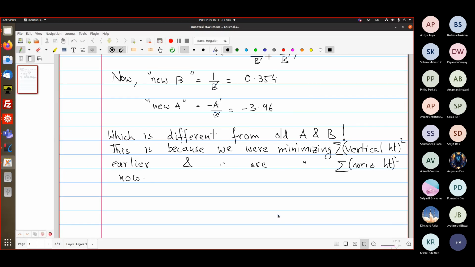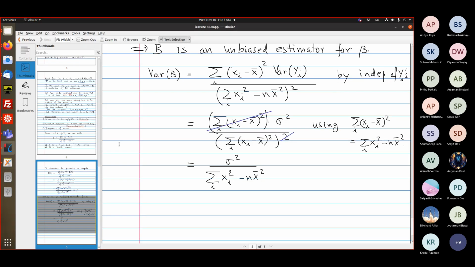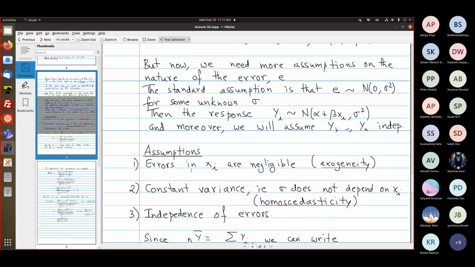So let's do this for A. So now let us determine the distribution for A. So what was the formula for A? Let's go back there.